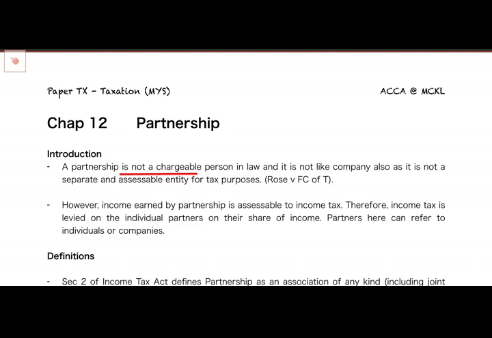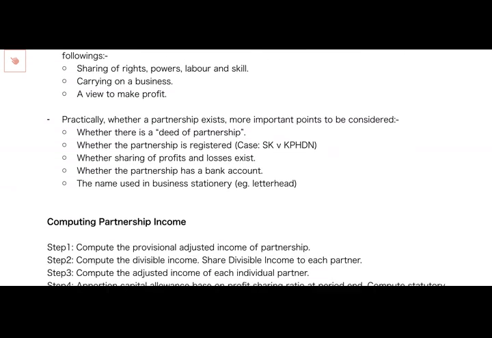Unlike a company or individual, we cannot tax a partnership because a partnership is not a chargeable person. So in that case, what do we do if, let's say, you set up a partnership business?